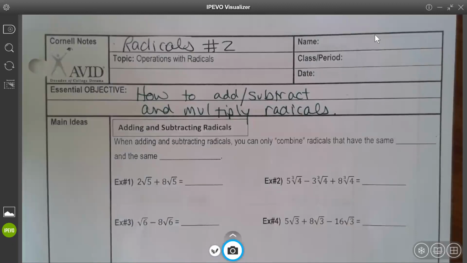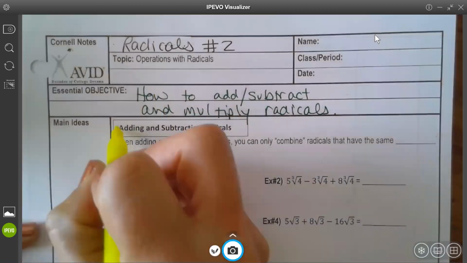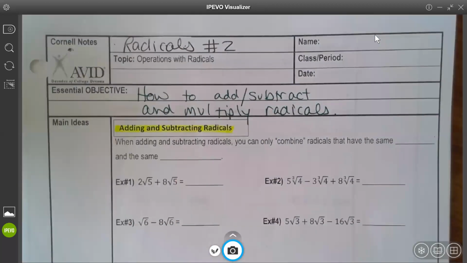So last time we learned how to simplify radicals, and now we are going to take that and use it to our advantage to help us to be able to add, subtract, and to multiply. So we are going to start off with adding and subtracting first.